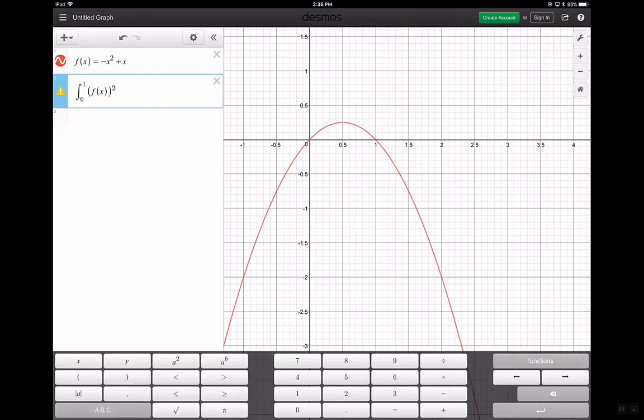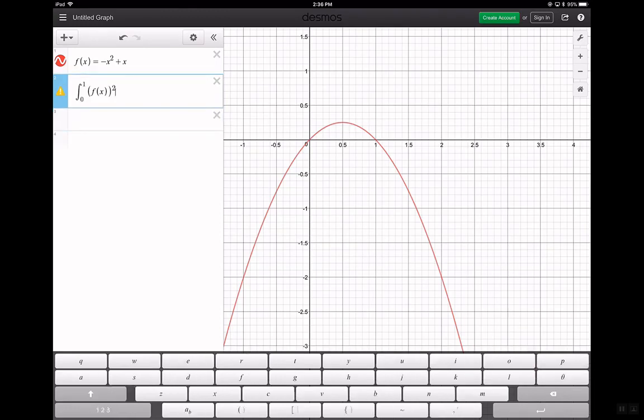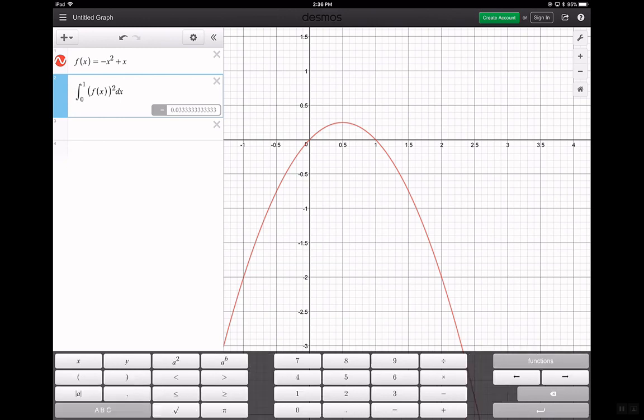dx. Okay, now I'm going to take this result, which is 0.03, and I'm going to multiply this by pi. So I'm going to put the pi in the front.